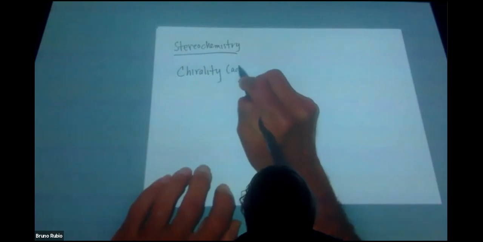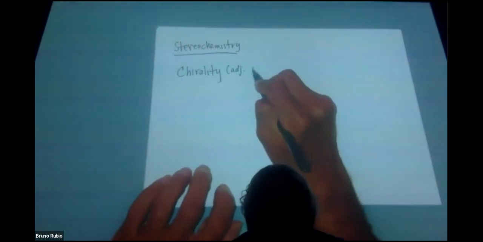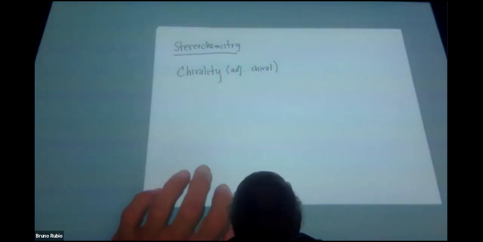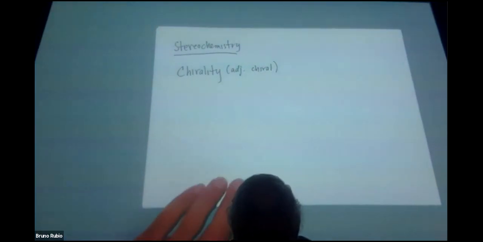The adjective is chiral, with the same hard K sound. Please do not say it with a soft CH. Right, the noun is chirality and the adjective is chiral.